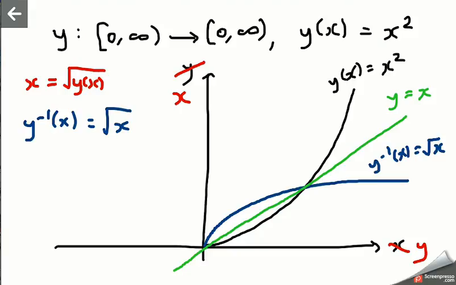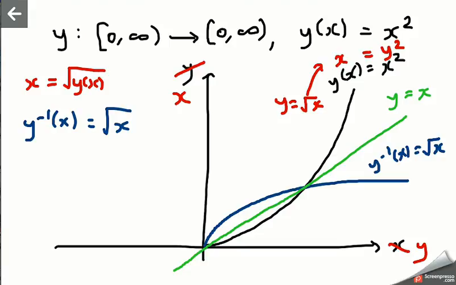And so what that's going to do is actually change these things around. This function here is going to be x equals y squared. In other words, y equals square root of x.